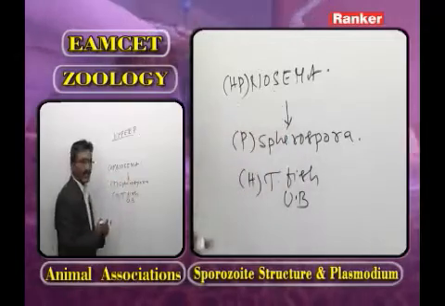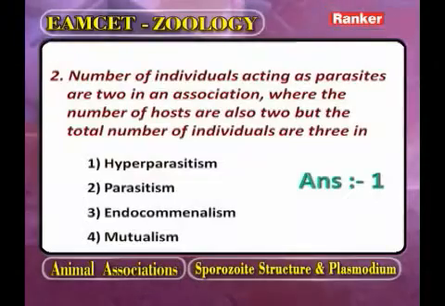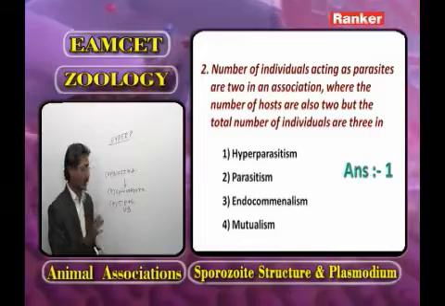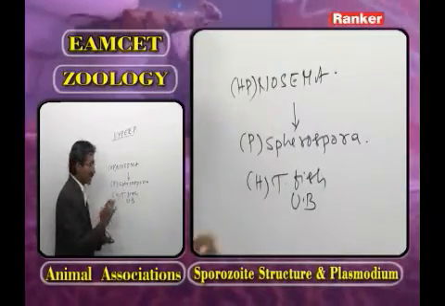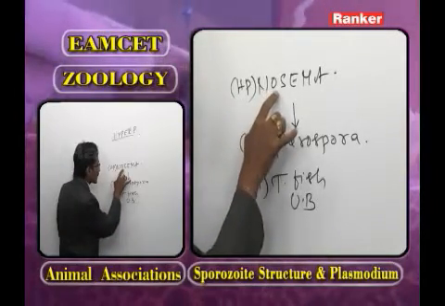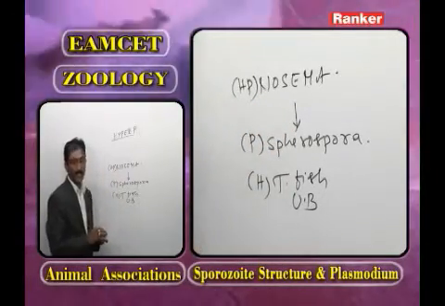Now based on this information, what is the correct answer for this question? The first option is hyperparasitism. The second option is parasitism. What is meant by parasitism? Association between parasite and host. Between Spirospora and toadfish, the association is parasitism. The association between Nosema and Spirospora is hyperparasitism.